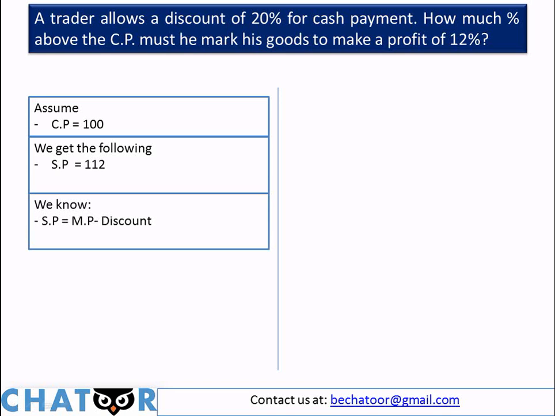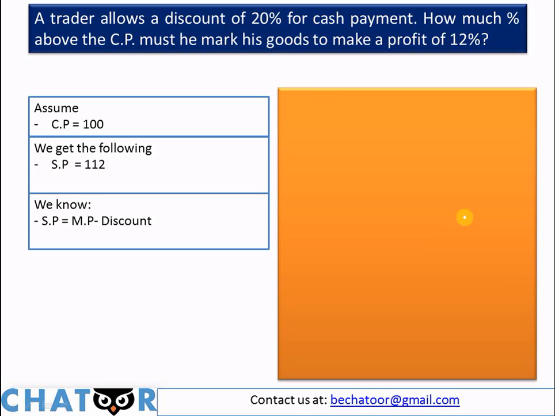We also know from this video that SP is equal to marked price minus discount on marked price. So let's go about doing this sum. Now he wants to give a 20% discount, so he's going to give marked price minus 20 by 100 of marked price, a 20% discount on marked price.